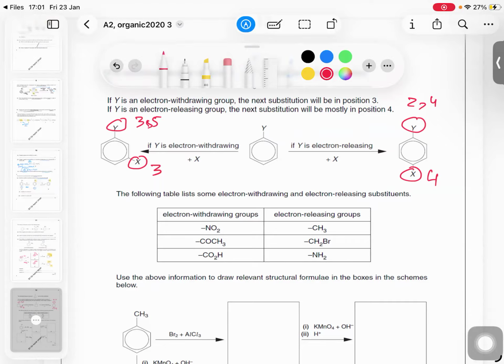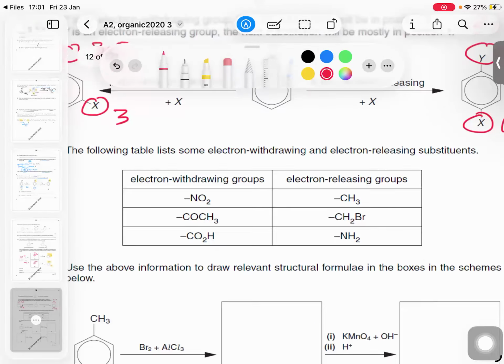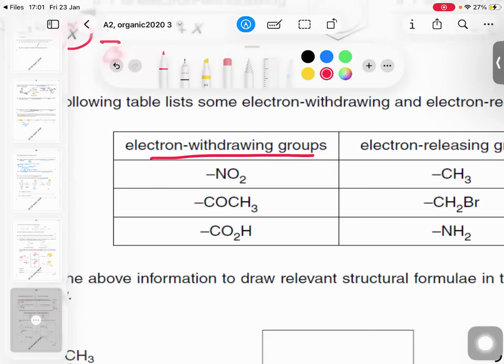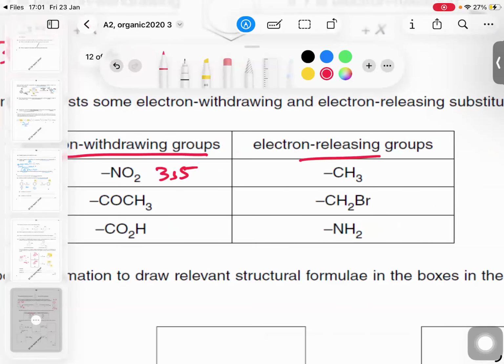Right? Here is the list. The electron withdrawing groups are actually 3,5-directing groups, and electron donating groups are 2,4. Can you just add this into your notes as well, please? That 2,4-directing groups are the ones which are electron donating groups, and 3,5-directing groups are the ones which are electron withdrawing groups.